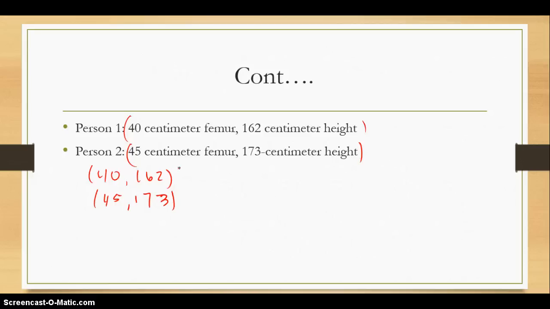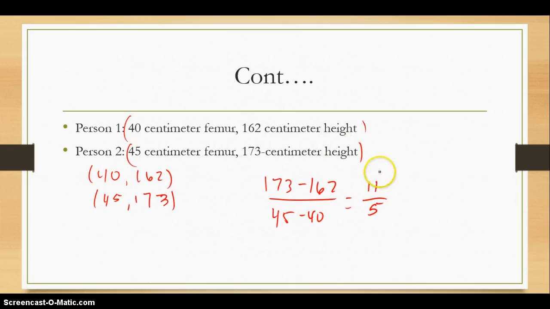I'm not going to graph this one, so I can just go right to this. So 173 minus 162 would be 11 over 5. Okay.